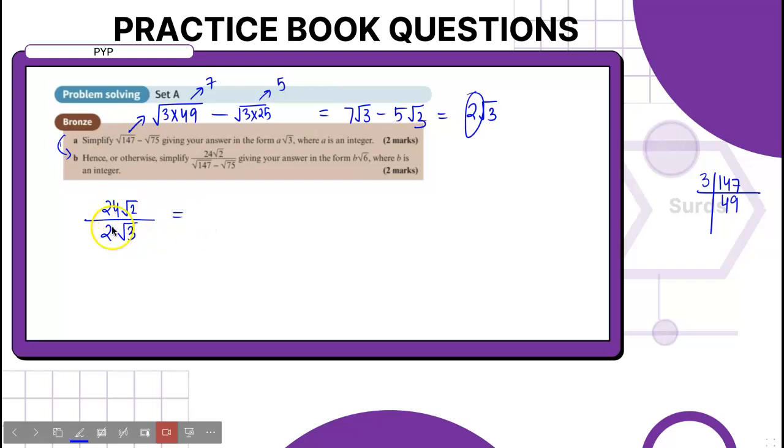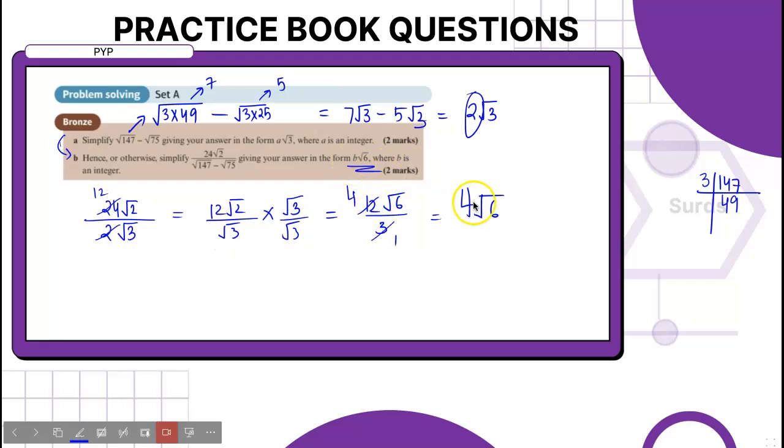We can simplify this to 12 root 2 over root 3. Because we didn't get the same form, we want root 6, so let's rationalize by root 3 over root 3. That gives us 12 root 6 over 3, which gives us 4 root 6. So the value of B is 4.